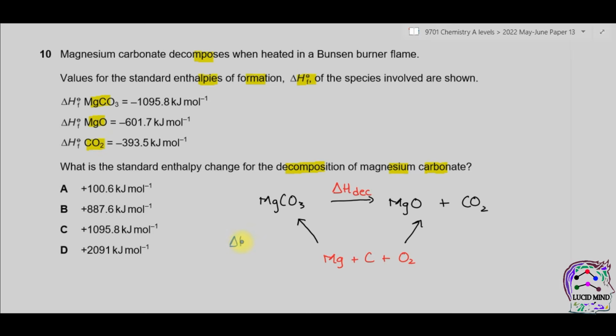So delta HF of MgCO3, while this part will show us the formation of MgO and the formation of CO2. Now by using Hess's law, we know both arrows start from this end, so 2 steps is equal to 1 step.